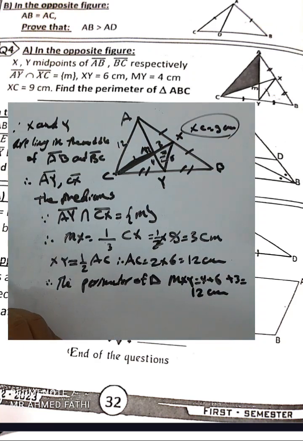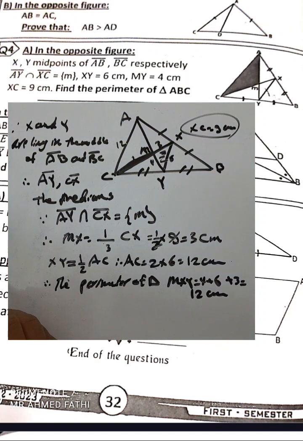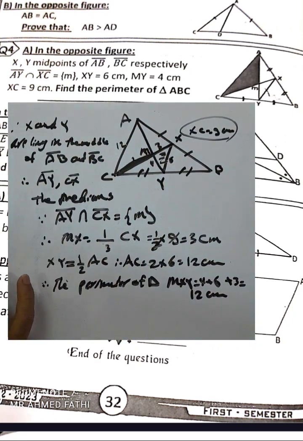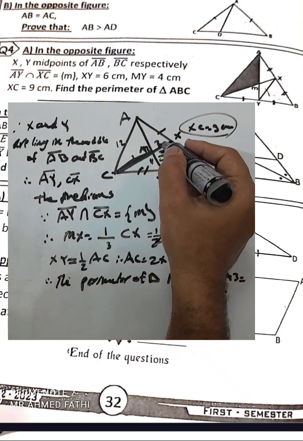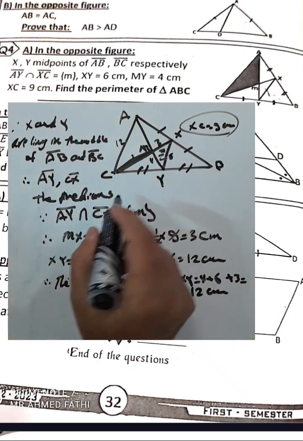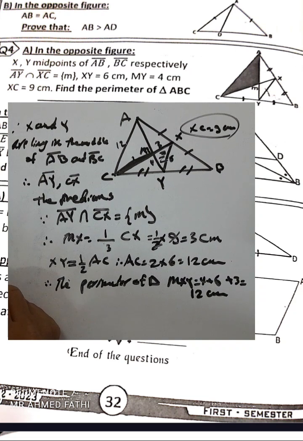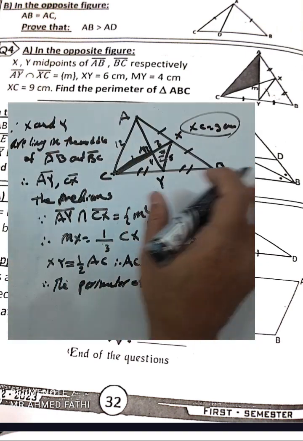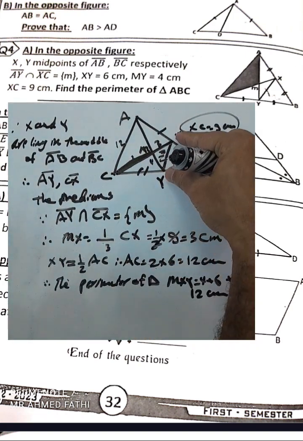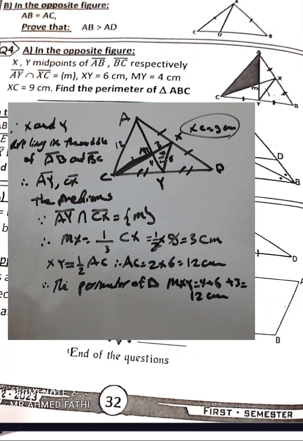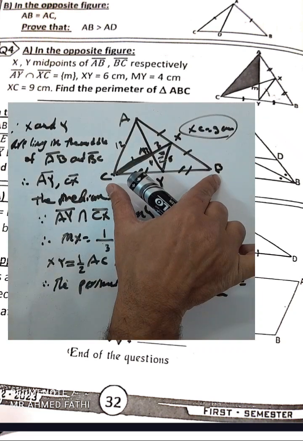We want to find the perimeter of triangle ABC. Okay, this triangle, and we have MX was 3 and XY is 6, and this side length was 4 centimeter. We can find the perimeter of this triangle, XY is half of AC, okay, and we want to find the length of CB here.